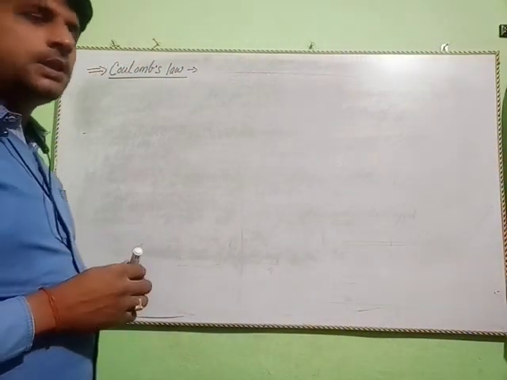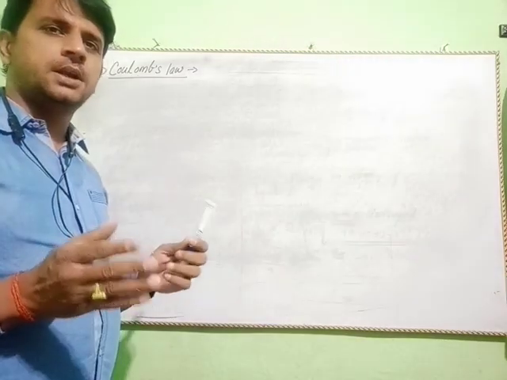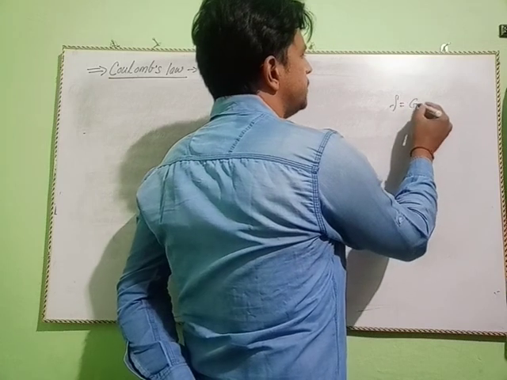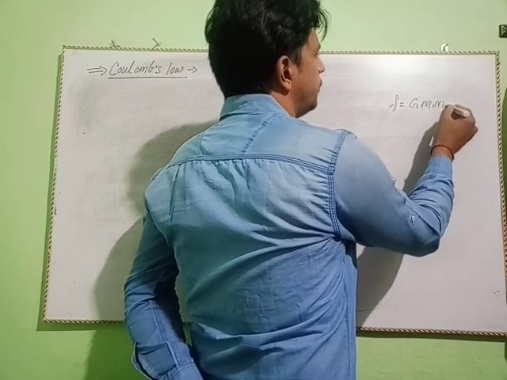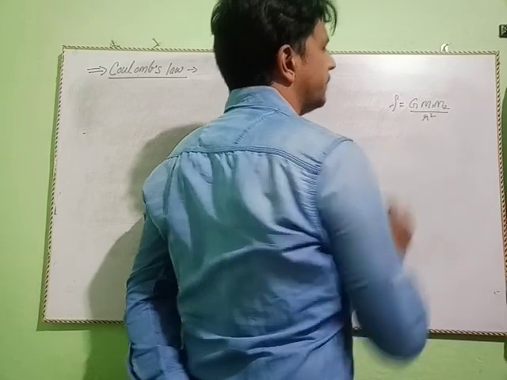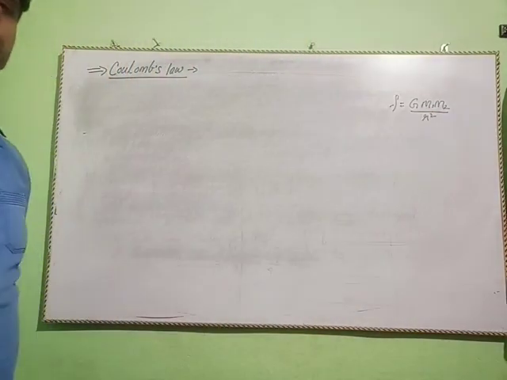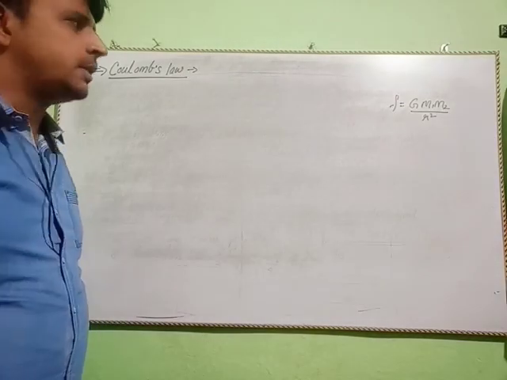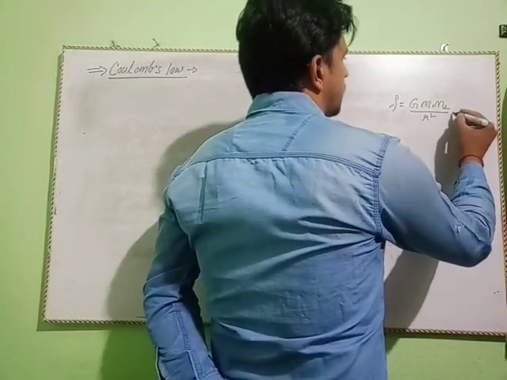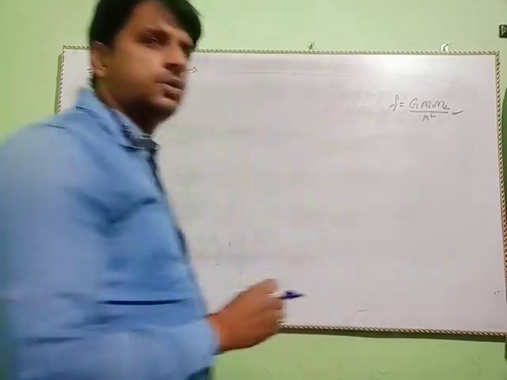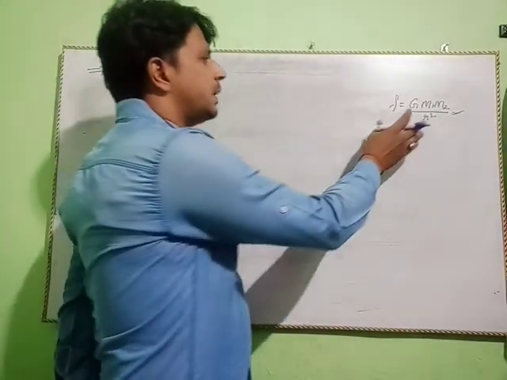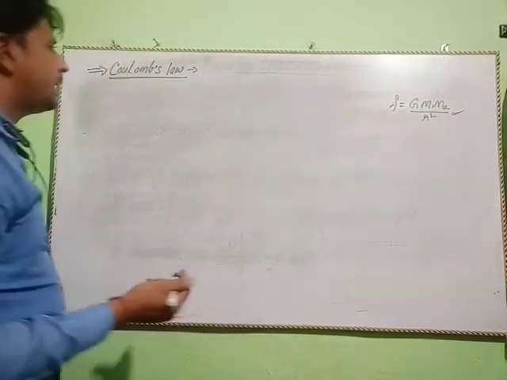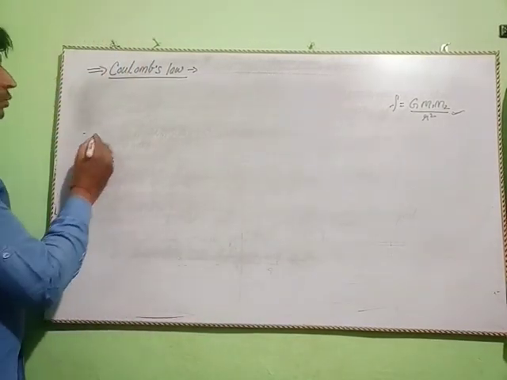In class 11th you might have studied the gravitational law, that was F is equal to G m1 m2 upon r square. This was Newton's gravitational law. Comparing with this, Coulomb's law is quite similar, almost like this, so you will not have much difficulty understanding it. What is Coulomb's law? To understand this we need to understand a little.